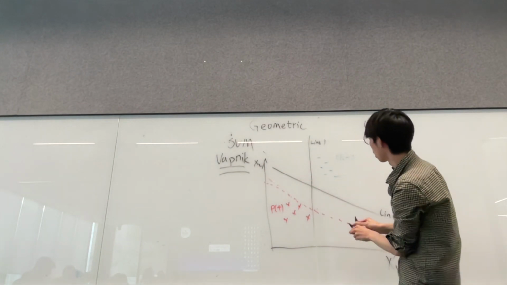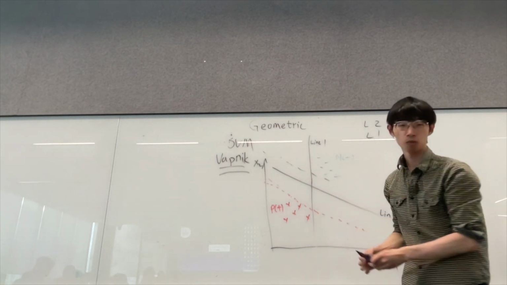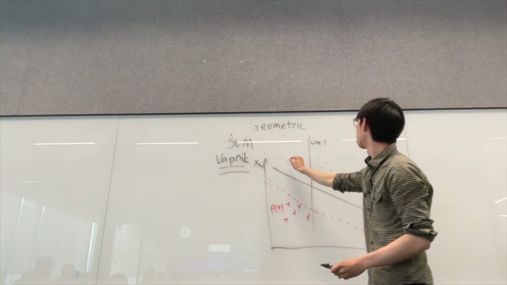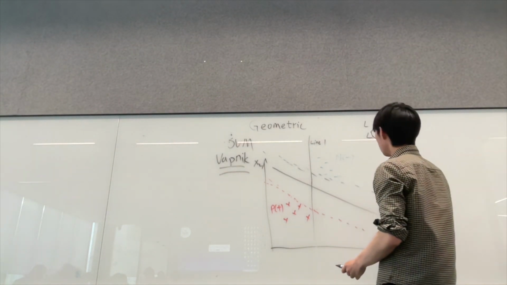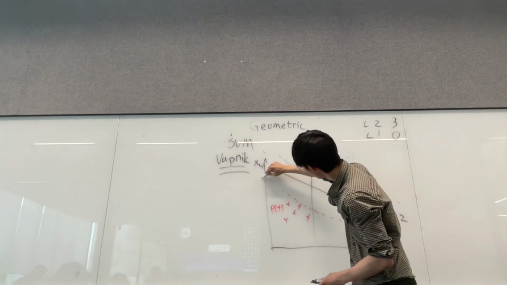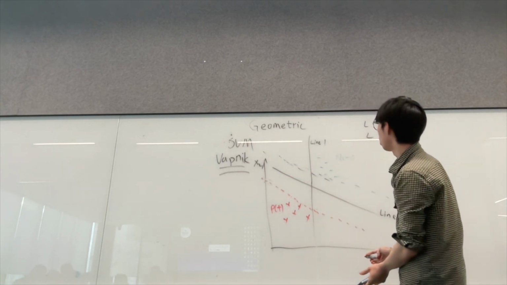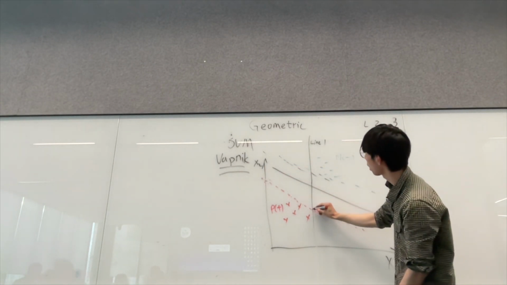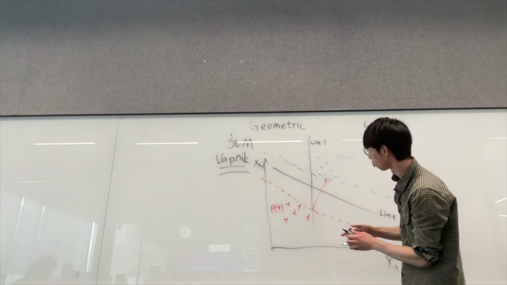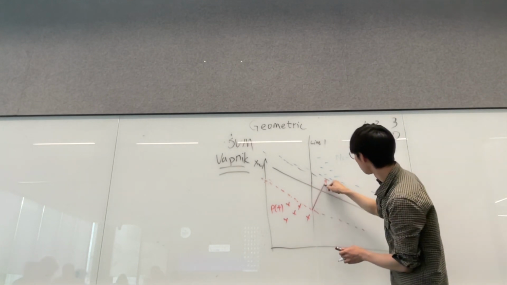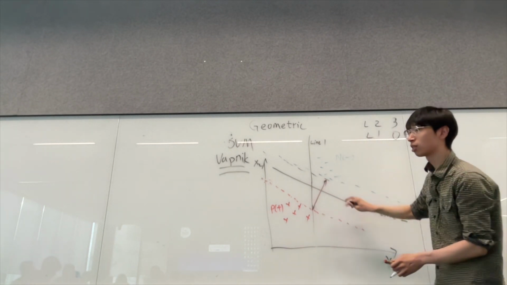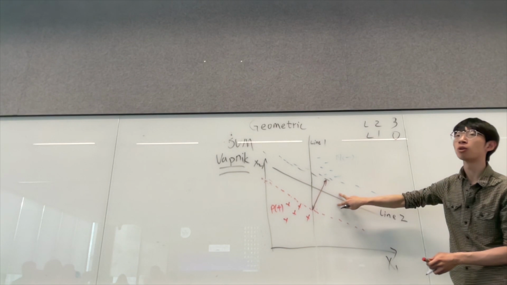Is this line? Is this line? So what they said is, okay, look at this margin. He wants this margin to be as big as possible.